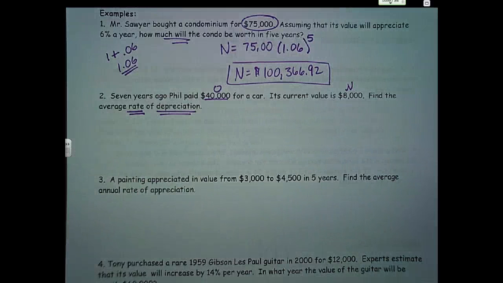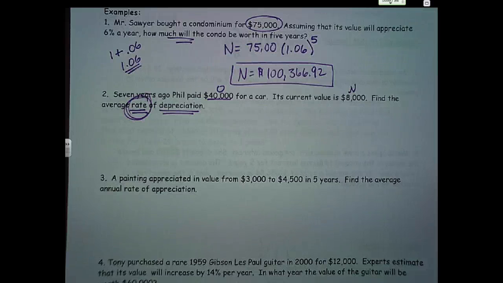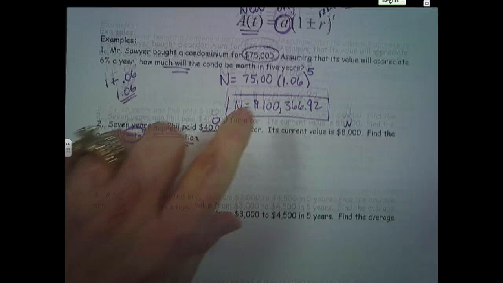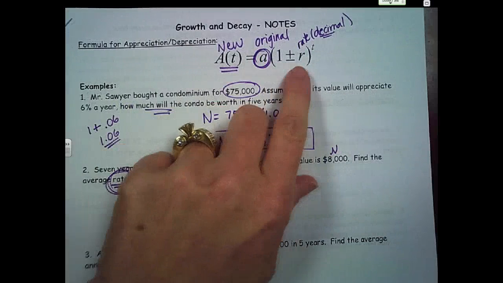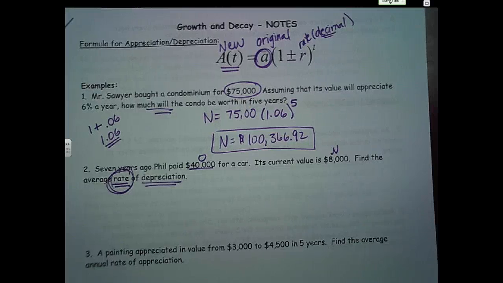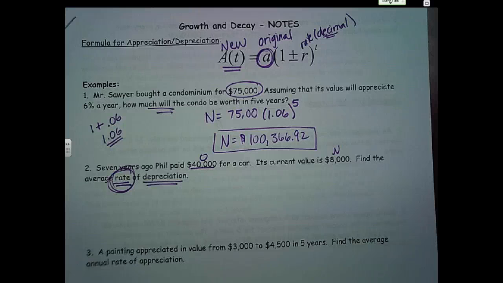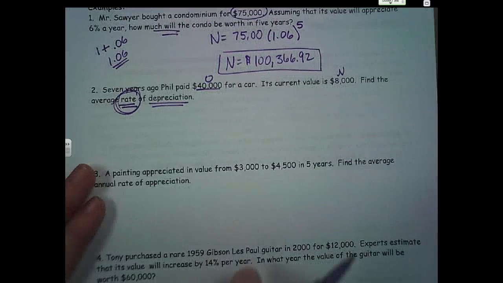Now let me ask you a question. We are solving for rate. Are we going to need to use a log? Look at your formula. If I'm solving for rate, am I going to need to use a log? No, because it's not an exponent, right? You use a log if you're looking for an exponent. So let's type in what we know then.